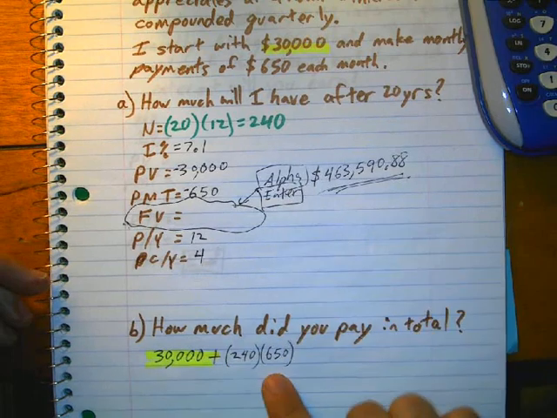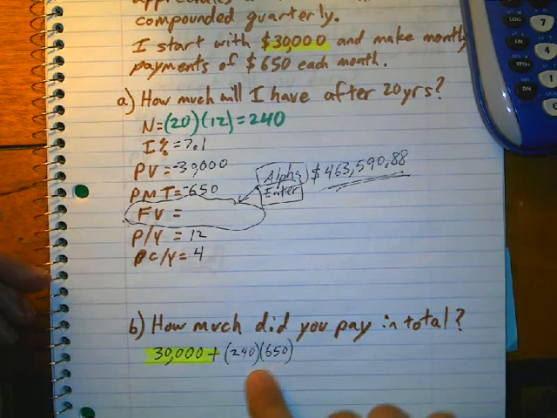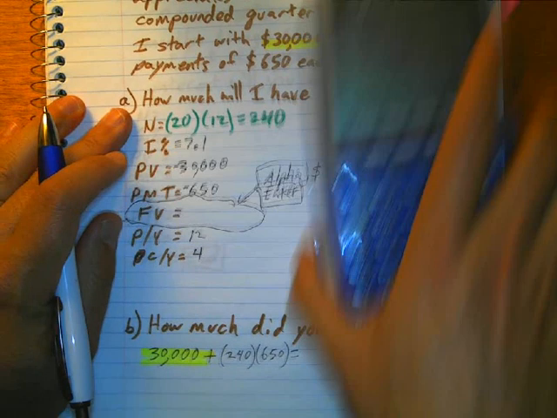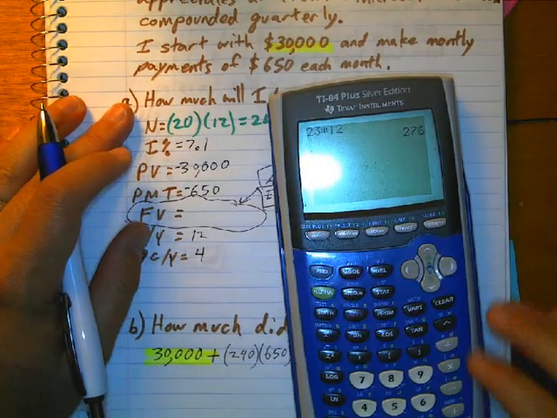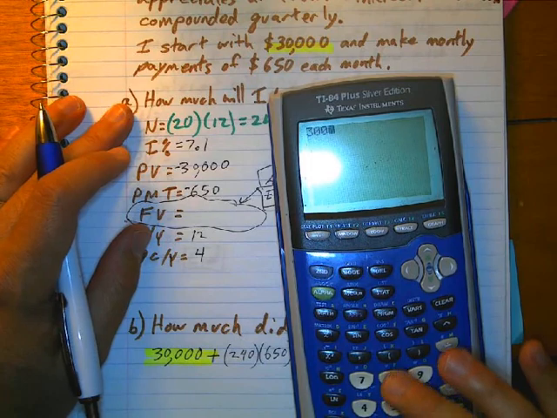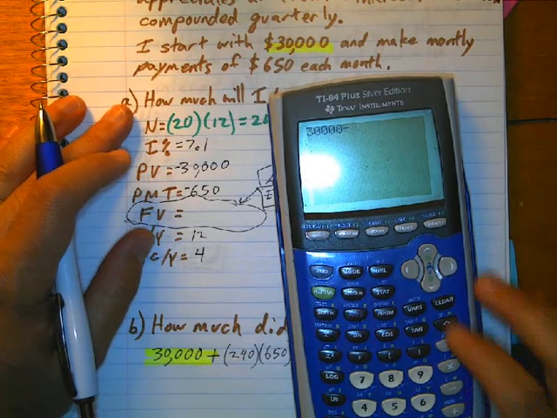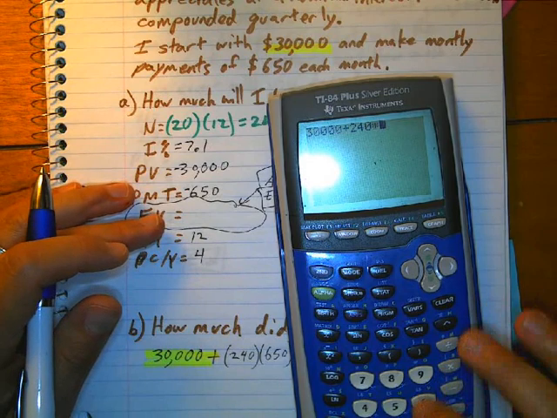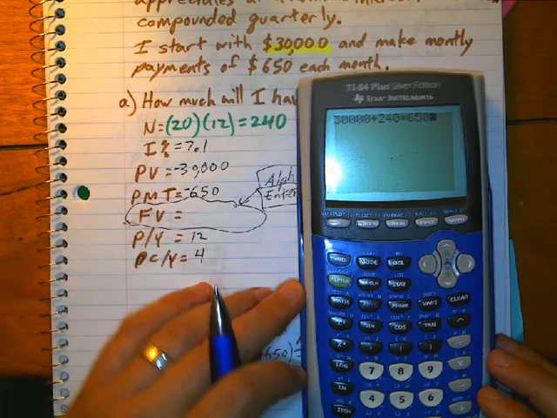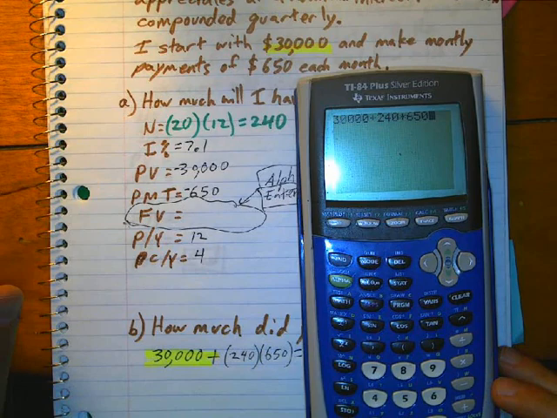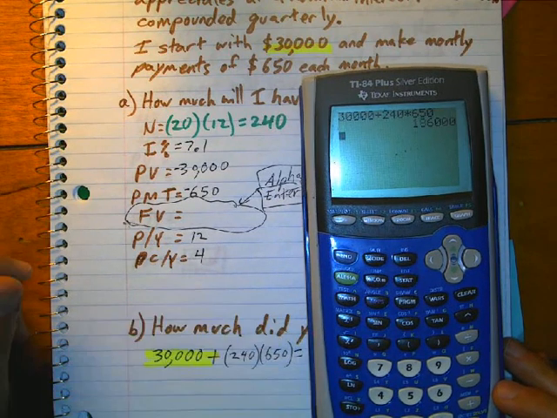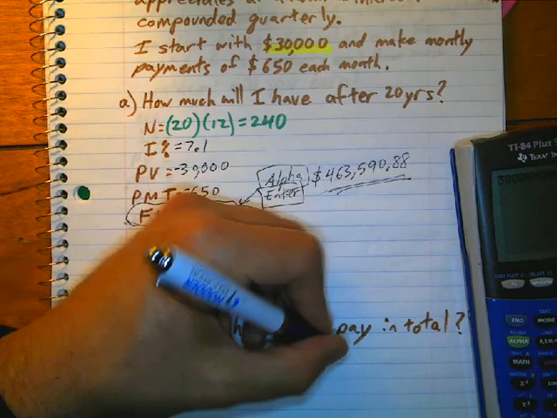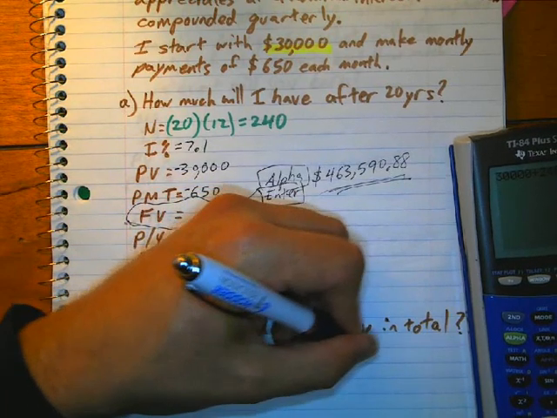So multiply those together and add this. Plus 240 times 650. And we get 186,000.